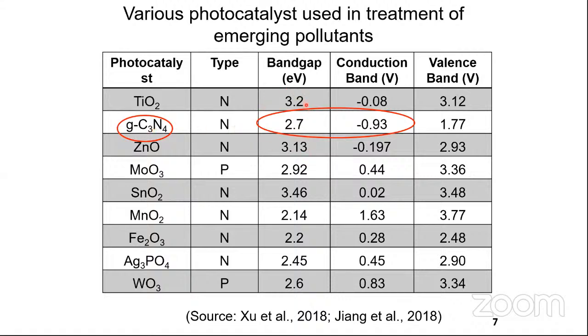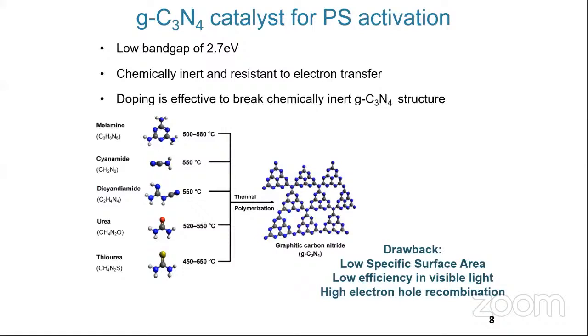Comparatively, carbon nitride with a low band gap of 2.7 eV can be activated in visible light. So moving towards carbon nitride as a catalyst, it is chemically inert and resistant to electron transfer, whereas different low-cost precursors were used for the thermal polymerization generation of graphitic carbon nitride.